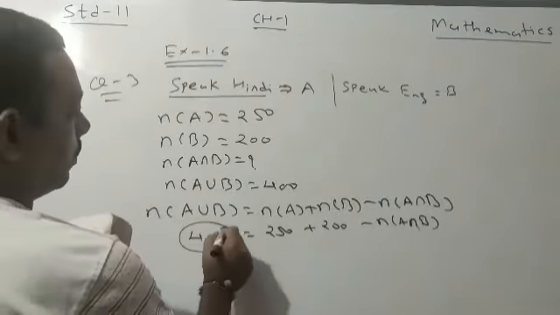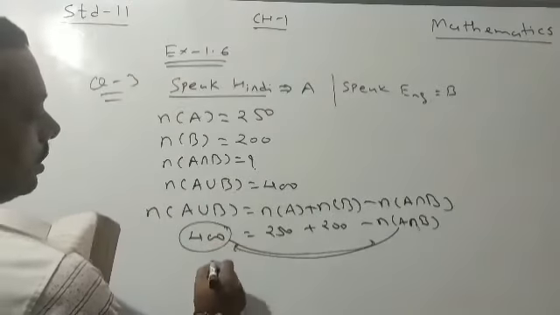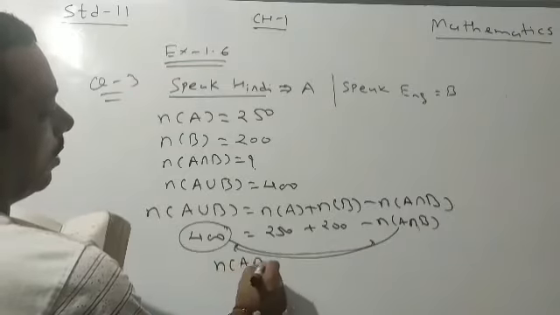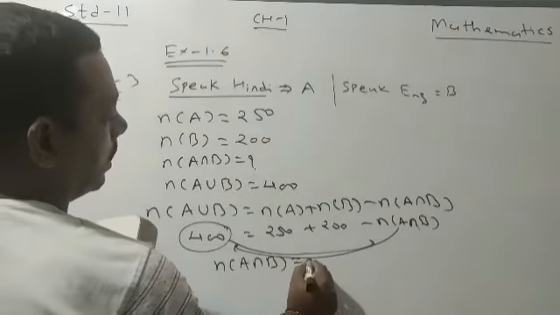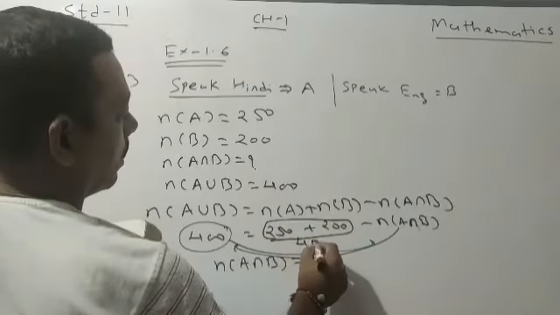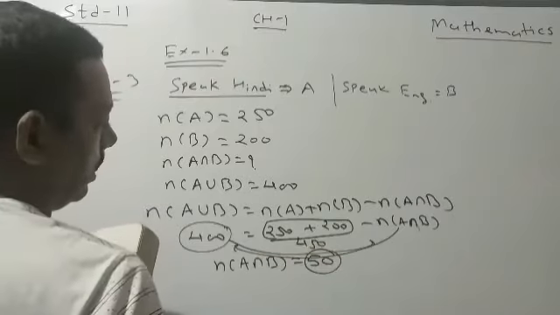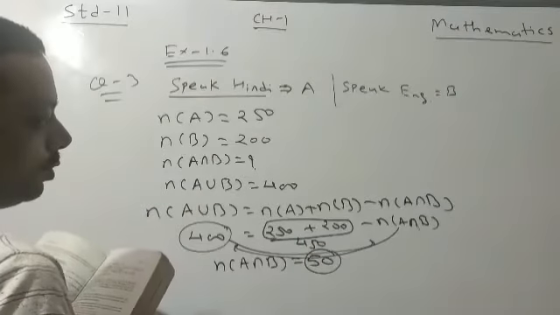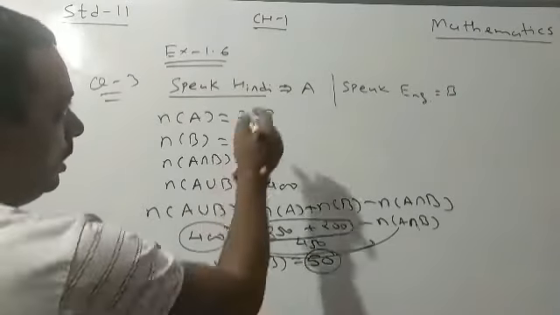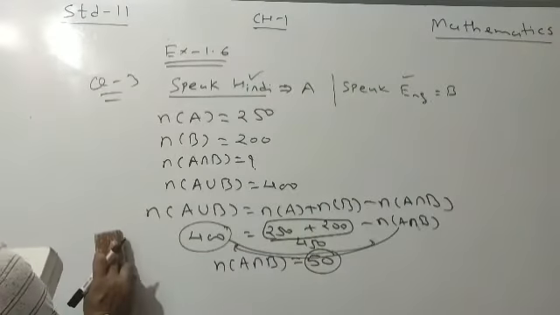So we will shift this 400 to this side and n of A intersection B to that side. So finally n of A intersection B is 250 plus 200, that is 450, minus 400. So only 50 people are there who can speak both Hindi and English.